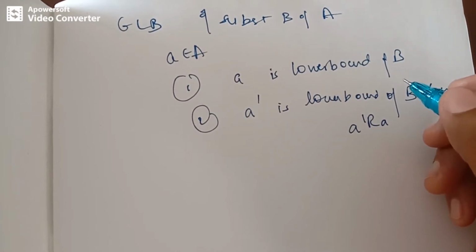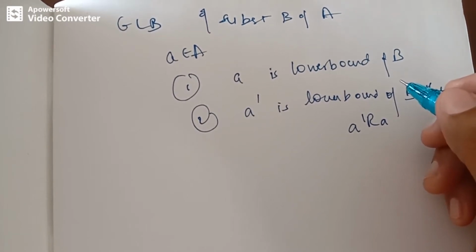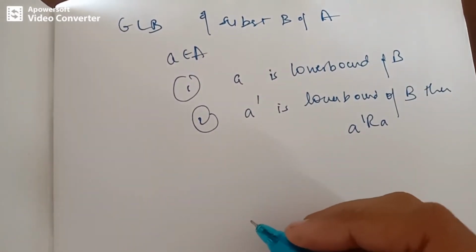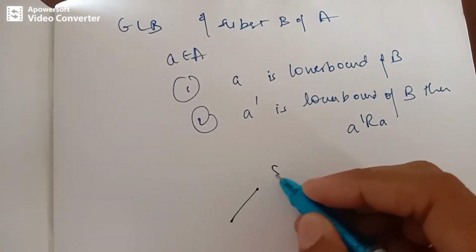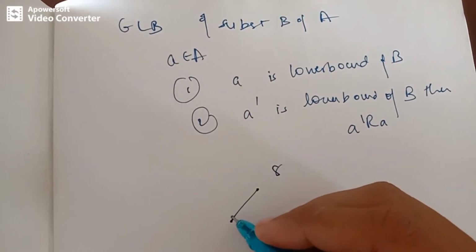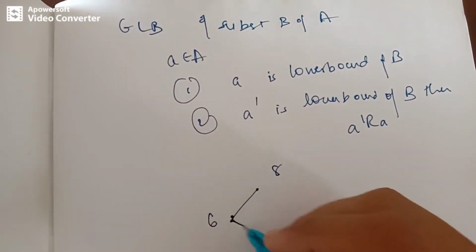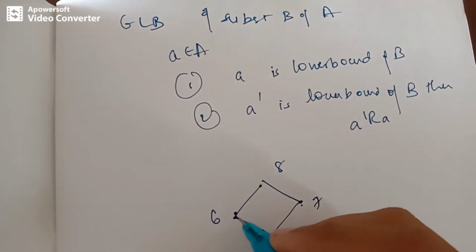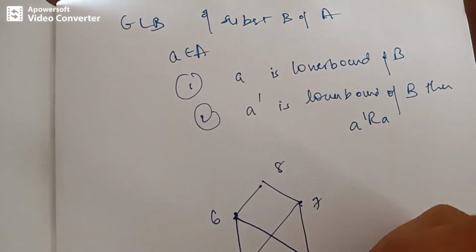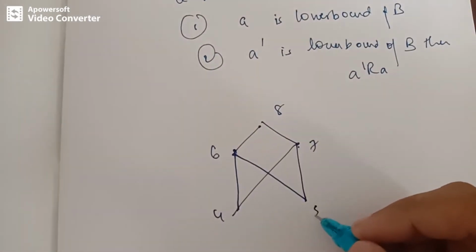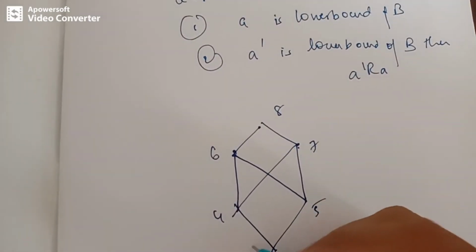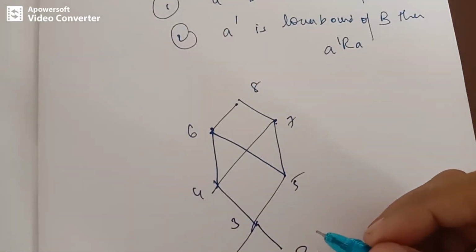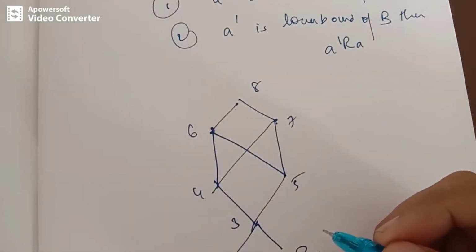So, let us take an example. Let us say we have got this Hasse diagram.